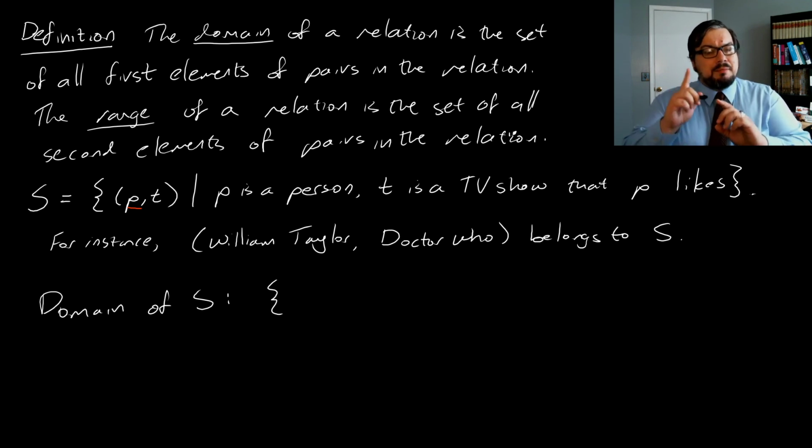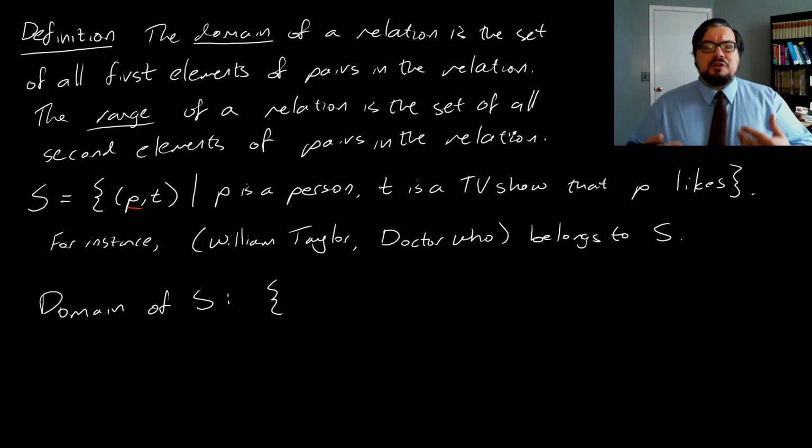because remember that the domain only contains first elements of pairs that actually exist in S. So if there happens to be a person who doesn't show up as the first element of any pair in S, then they're not in the domain of S. And so when will a person show up as the first element of some pair in S?